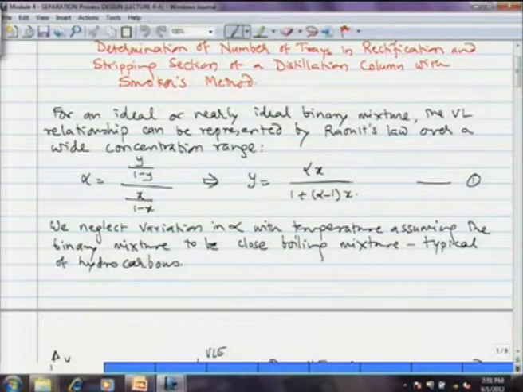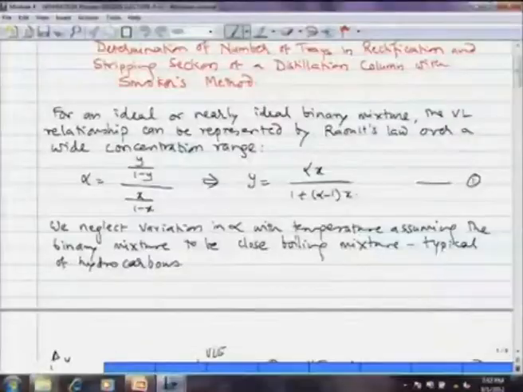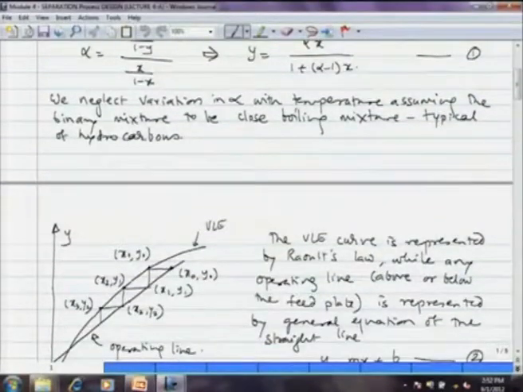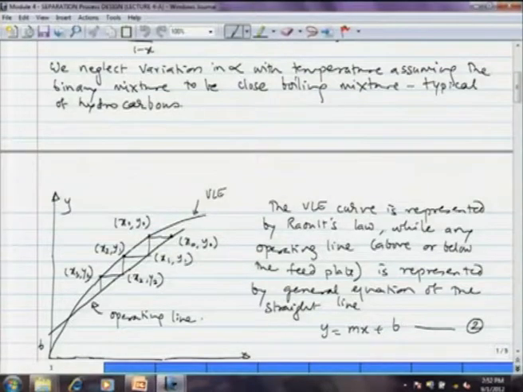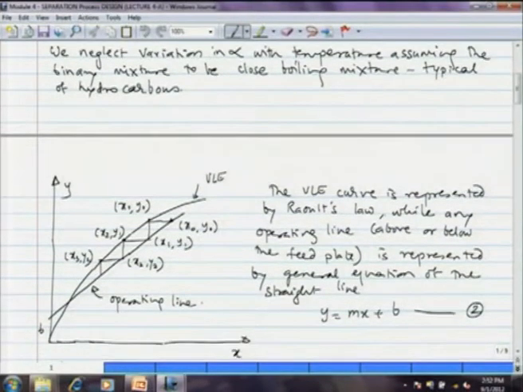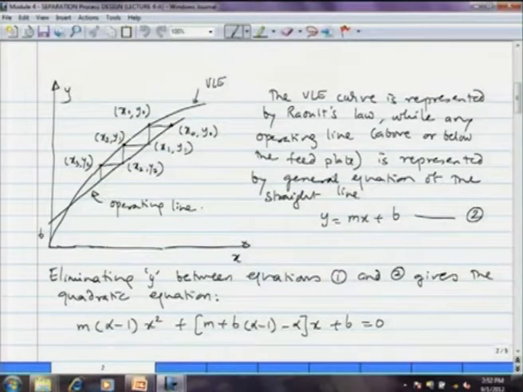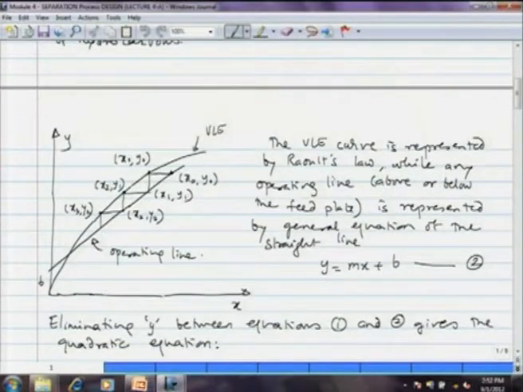Now, we had talked of variation in alpha sometimes because we had taken in earlier expressions an average value of alpha, but in many situations when the molecules are not very chemically different or when the temperature variation across a column is not very high, we can neglect the variation in alpha with temperature, assuming the binary mixture to be a close boiling mixture, typically of hydrocarbons, or you can use the value of average alpha also, that is also possible. Now, the VLE curve given by Raoult's law is represented as follows.